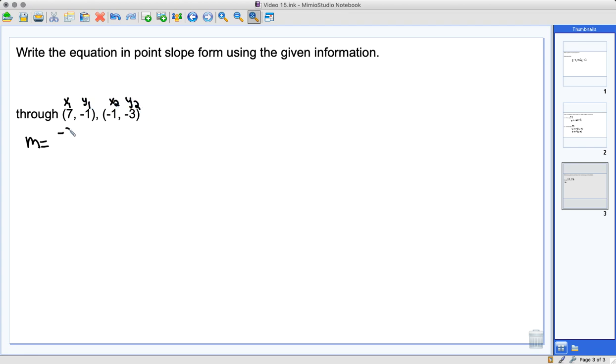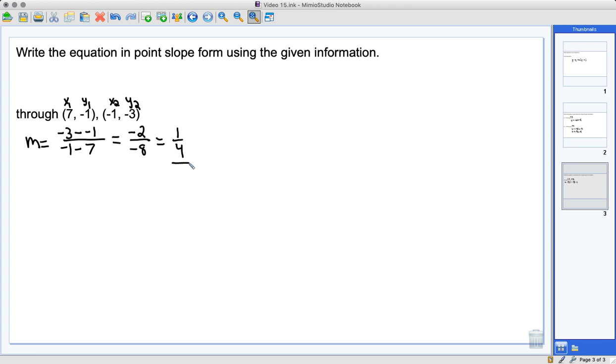So you've got negative 3 minus negative 1 over negative 1 minus 7. Negative 3 minus negative 1 is negative 3 plus 1, so that's negative 2, over negative 1 minus 7, which is negative 8. Make sure your slope is in simplest form, so the negatives are going to cancel, and 2 over 8 simplifies to 1 over 4.